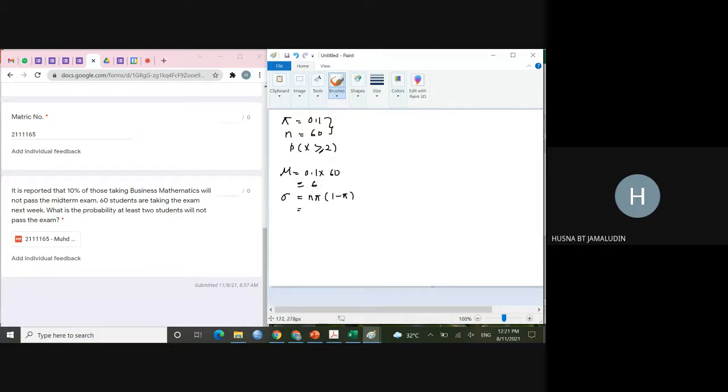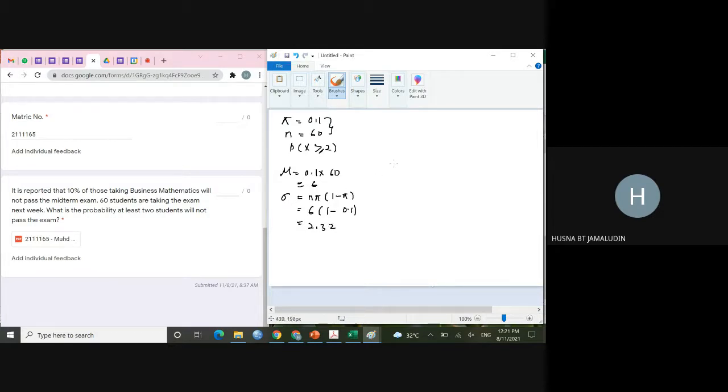So n times pi, you have received 6, and 1 minus pi, where pi is 0.1. Given this working, you should get the value of 2.32. Okay, this is your sigma.